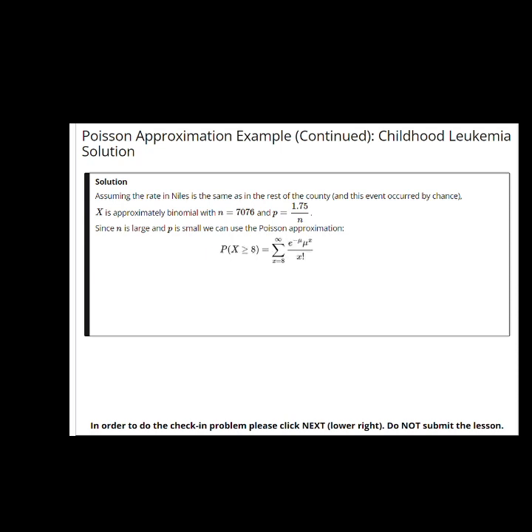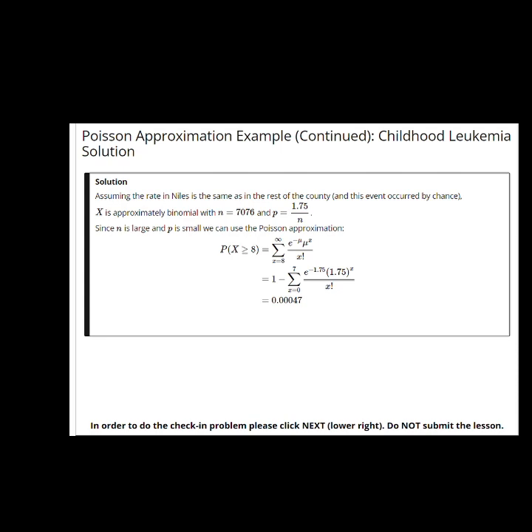Then the probability that x is greater than or equal to 8 is the sum of the probability function from 8 to infinity, which can also be obtained by subtracting from 1 the sum as x goes from 0 up to 7, 1.75 to the power x, e to the minus 1.75 divided by x factorial.